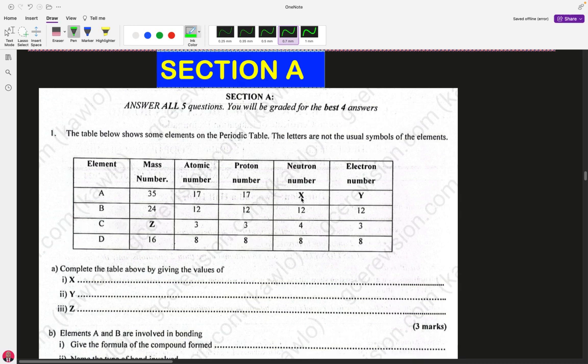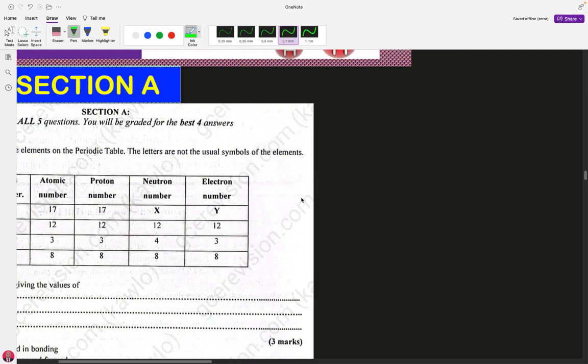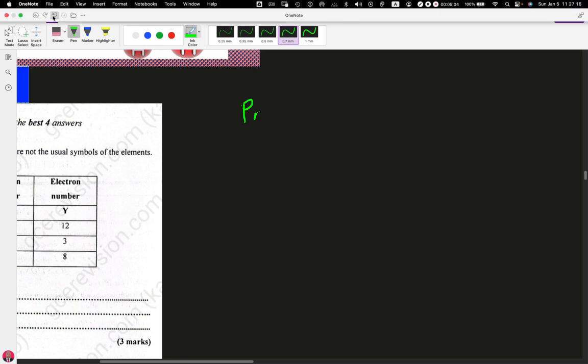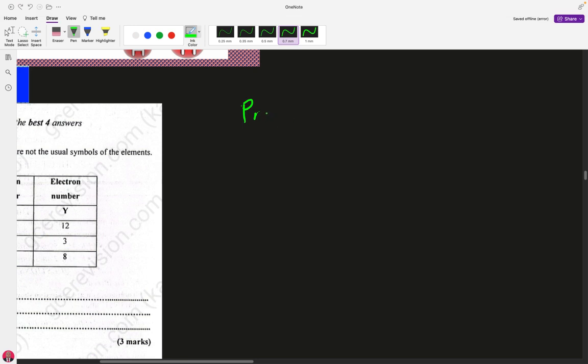We said protons plus neutrons equals the mass number.